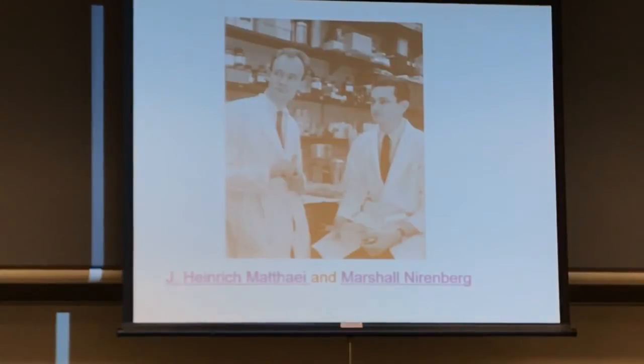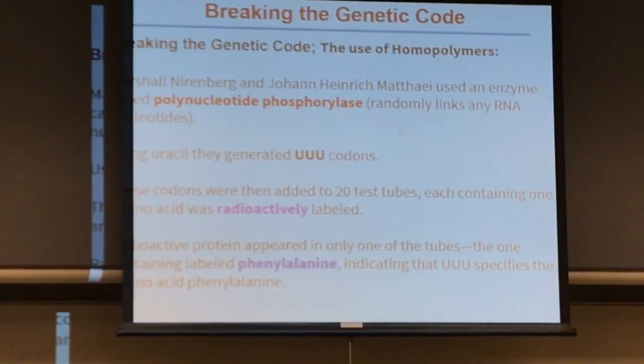Well, okay, so Matthaei and Nirenberg were the ones who actually started using polynucleotide phosphorylase to synthesize the triplet codes, and then they did some other steps to go beyond them. For example, if you add uracil, UUU codes for phenylalanine, AAA probably codes for another amino acid, and CCC codes for another amino acid.